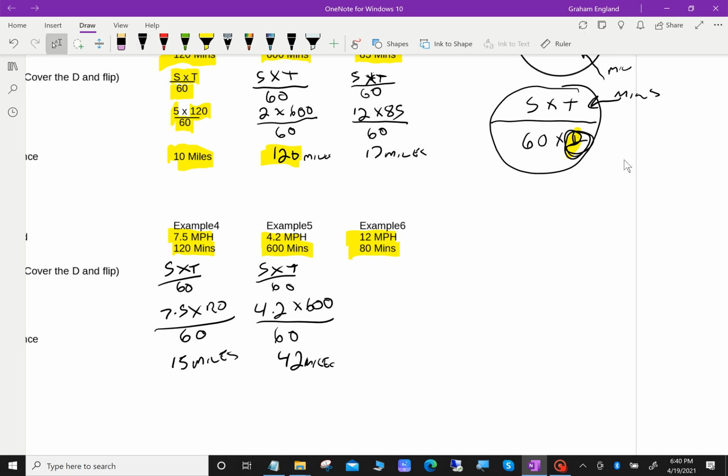And one more time, it's S times time over 60. The S is speed, it's 12 times 80 divided by 60. So 12 times 80 minutes divided by 60 gives us 16 miles.